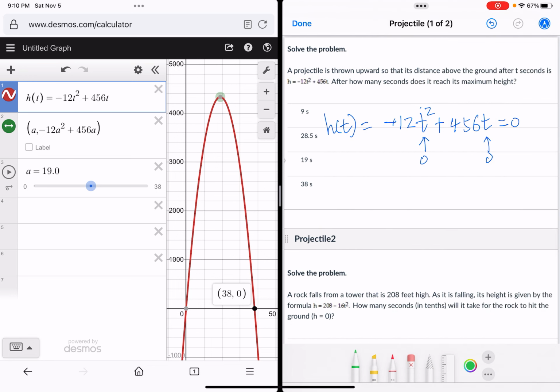Then you pull t out. You may also pull negative 12 out. Then inside here you have a t and you have a 456. After you pull it out, you then have a negative 38.